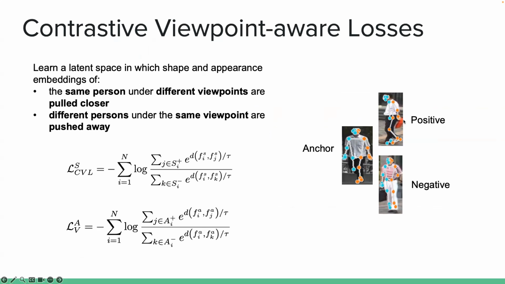Then the set of positive images will be the images of the same identity but under different viewpoints, as visualized here. And the set of negative images will be the images of a different identity but under the same viewpoint. By minimizing this loss function, we can learn a latent space that serves our purpose.